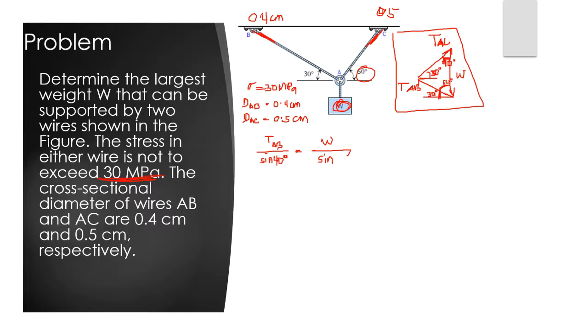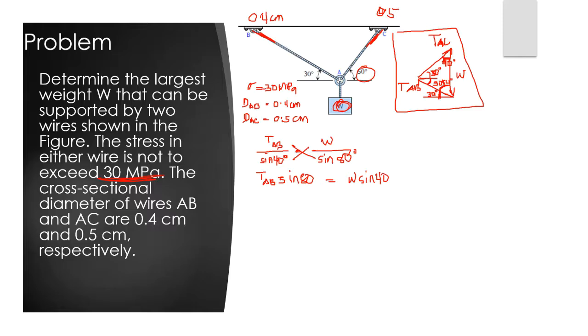And if this is 60 degrees, this one also is 30 degrees. So 50 plus 30, that is sine 80 degrees. Now we can just cross multiply this. We have TAB sine 80 is equivalent to W sine 40.